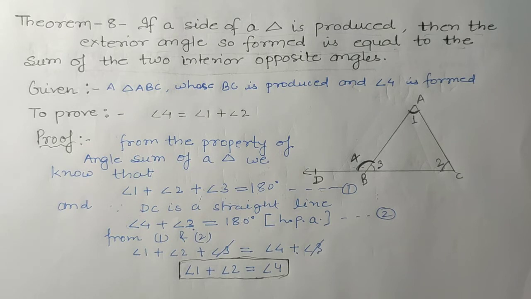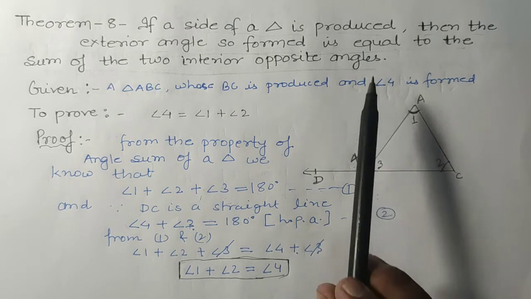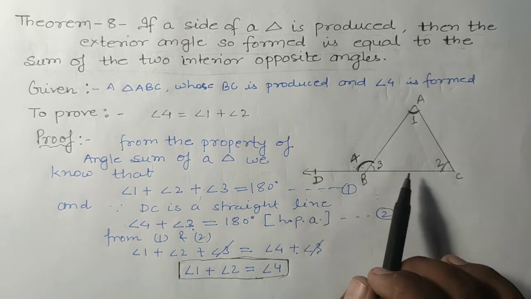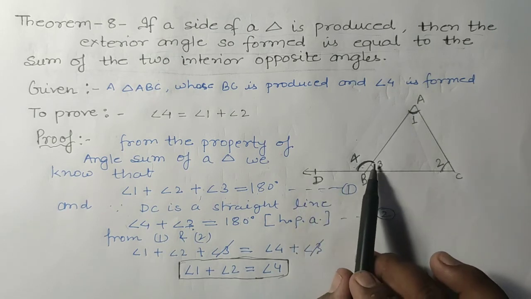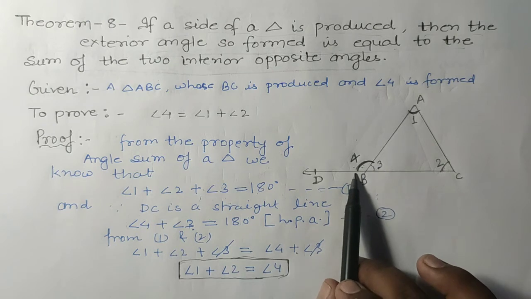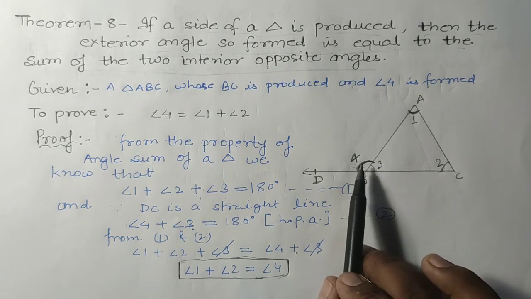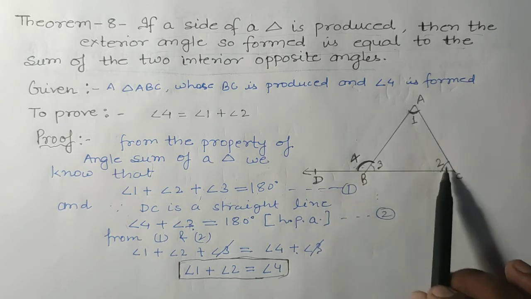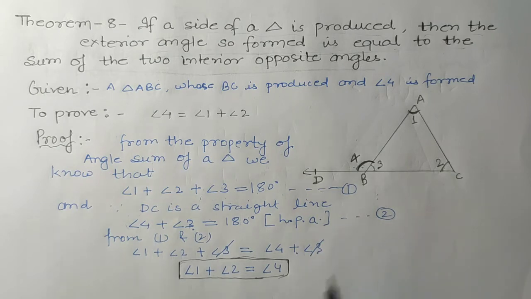What we have done: firstly, as in the statement of the theorem it was given that one side is produced, we have produced a side, and because of the production of this side, this angle is formed. In the statement it is to prove that this angle is equal to the sum of two opposite angles.